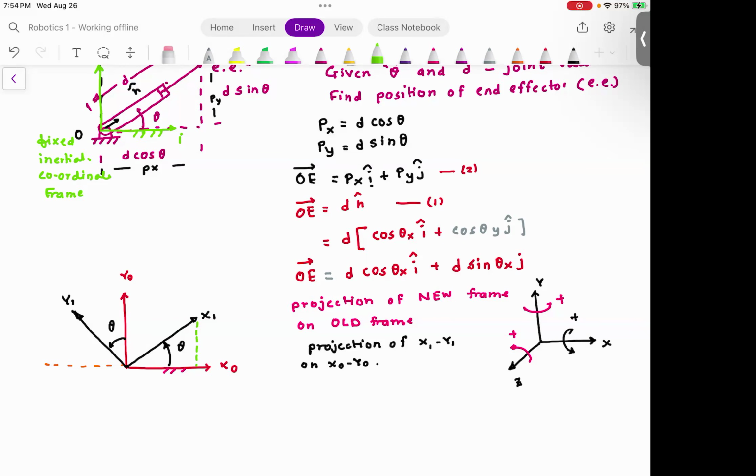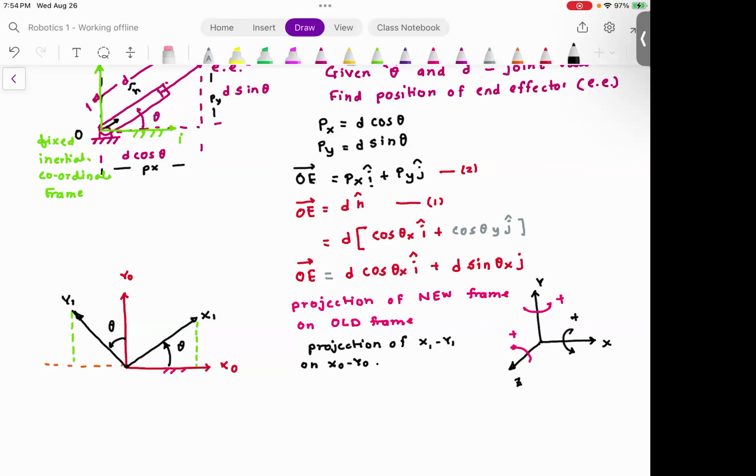So make sure you understand what I'm doing. So I want to find out the projection of x1 and y1 onto x0. So I have drawn perpendiculars onto x0. This is positive x0. This is negative x0. Do you agree with me?